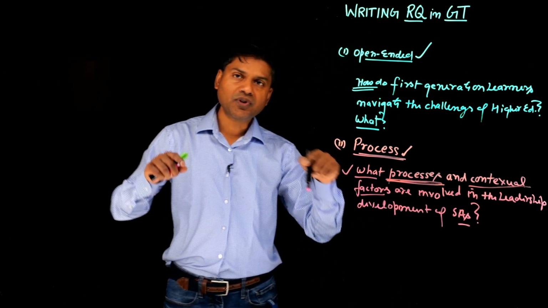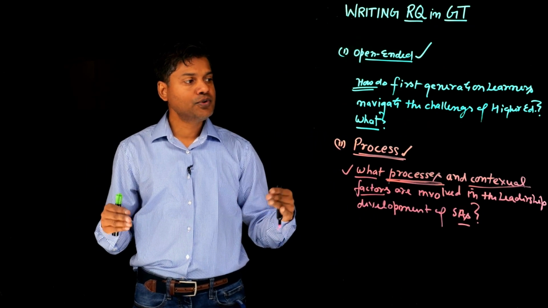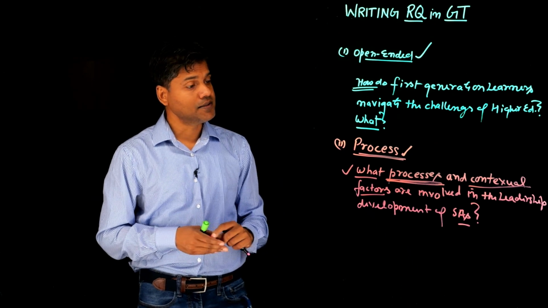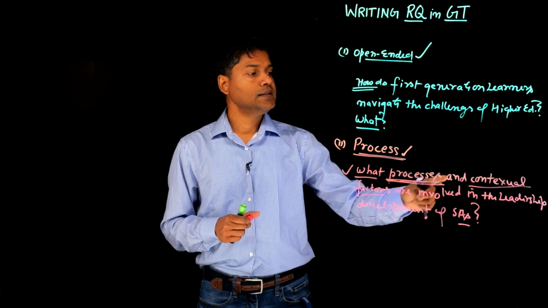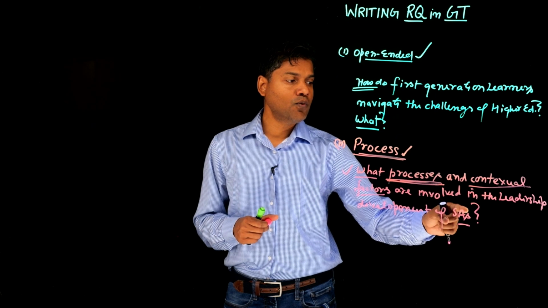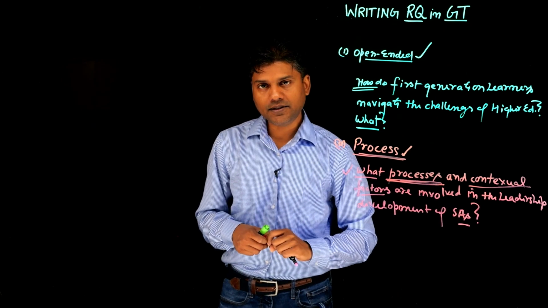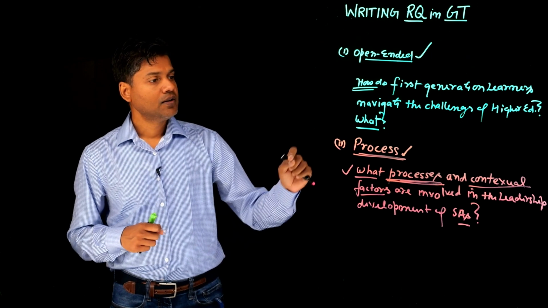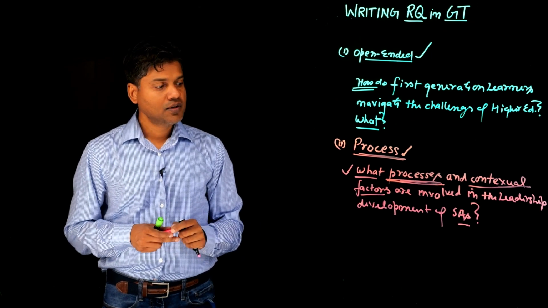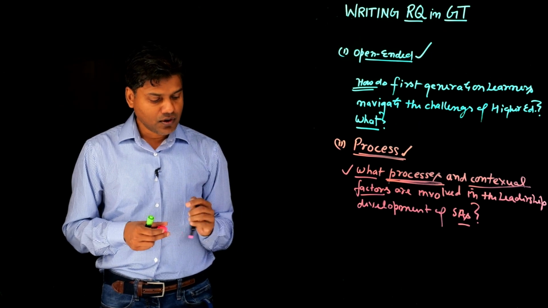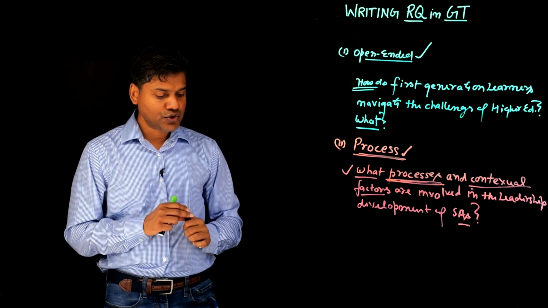So you also want to understand what are some variables that influence these processes. So what processes and contextual factors are involved in the leadership development of student athletes? So when you write your research question, make sure you focus on the processes as well.